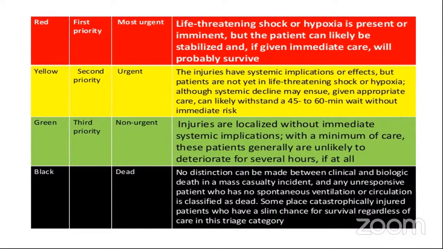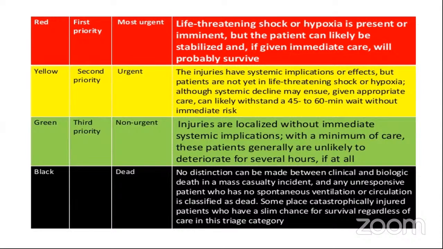Another one is yellow, the second priority or urgent priority. The injuries have systemic implications or effects, but the patients are not yet in life-threatening shock or hypoxia or any airway issue. We can take around 30 or 45 minutes to manage the patient once we are done with the red patients.